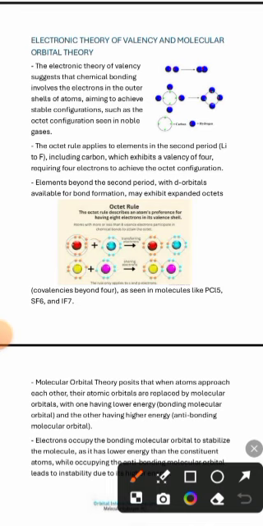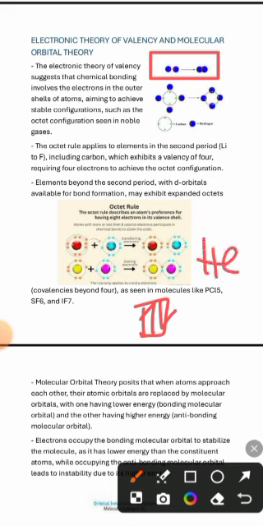Now in this diagram we can see two hydrogen atoms bonding to form a stable state of just two electrons. So they bond together to share two electrons, and these two electrons are stable just like helium.